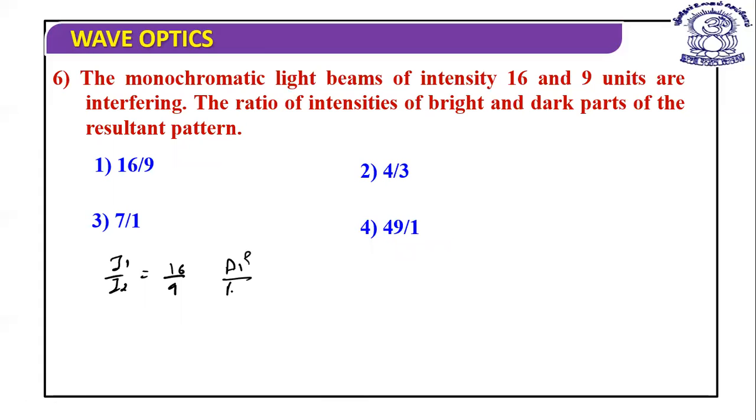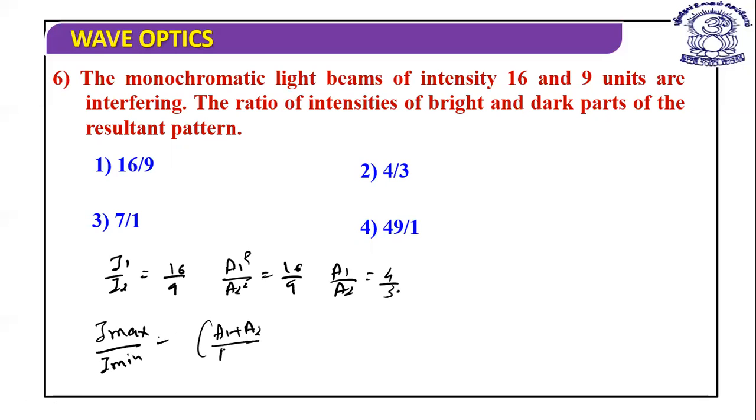So A1 square by A2 square is 16 by 9. A1 by A2 is 4 by 3. I maximum by I minimum is given by (A1 plus A2) divided by (A1 minus A2) whole square. So this will give us the answer 49 by 1. So fourth option is correct.